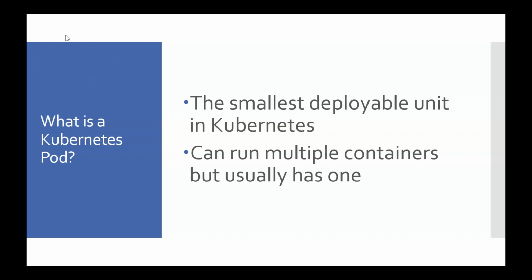You cannot deploy any container in your cluster without creating the pod. So when you deploy the containers, Kubernetes will create the pods and it will place your container inside that pod. So a pod is the smallest unit which you can create in Kubernetes.